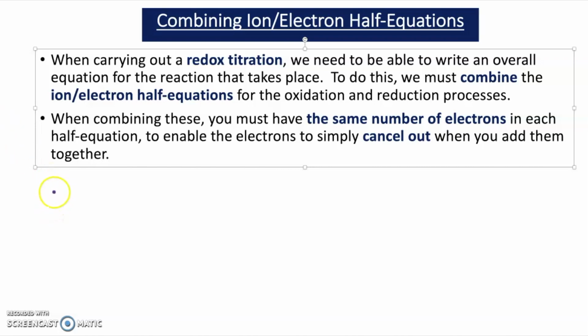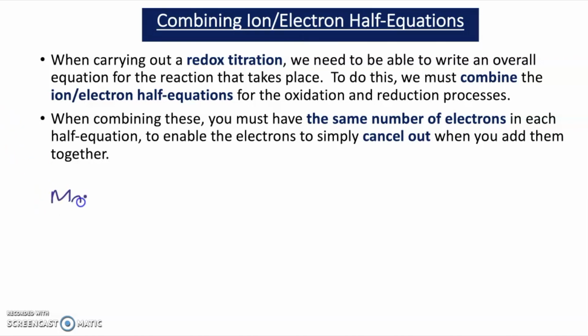So we're going to first write here the half equation for manganate 7 when it oxidizes a substance. So remember, when it oxidizes a substance, it is itself reduced. So I'm going to write MnO4 1-. I'm going to have H+ and electrons, and it's going to go to Mn2+ and H2O.